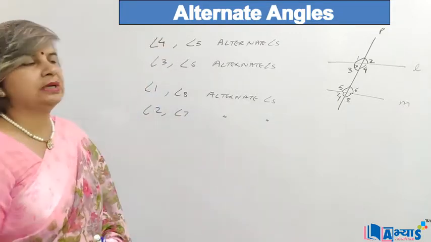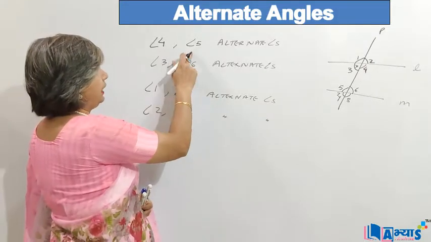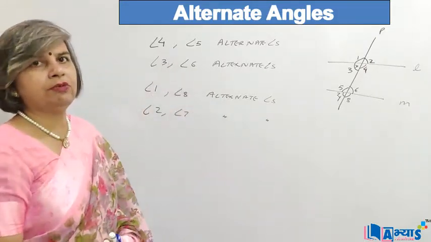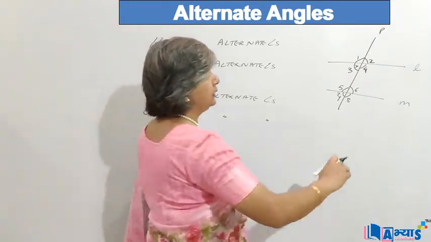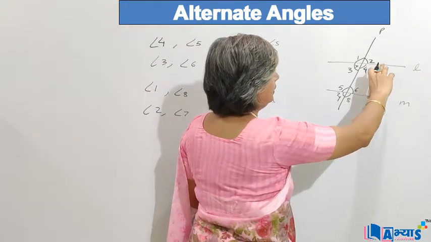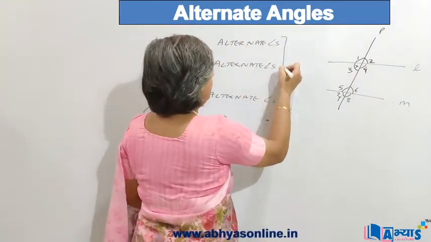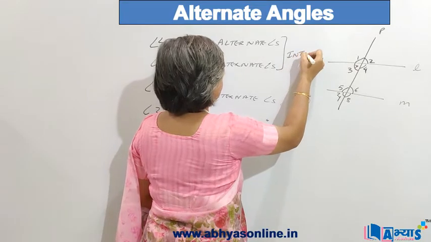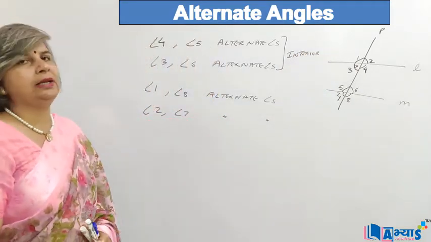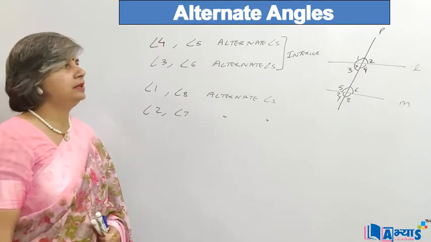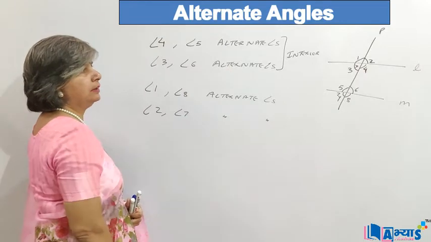All four cases are alternate angles, but 4 and 5, and 3 and 6, are in the interior. They are between the two lines L and M, so they are called alternate interior angles. Because they are between L and M, they are known as interior angles, and as they are alternate, we call them alternate interior angles.